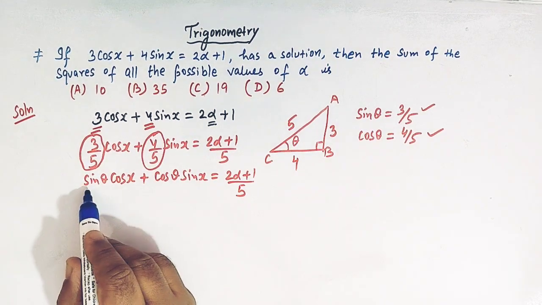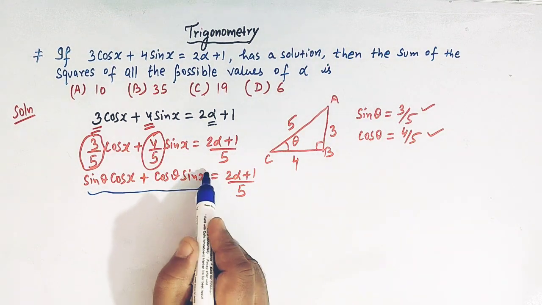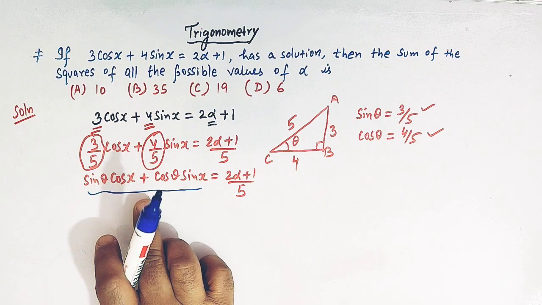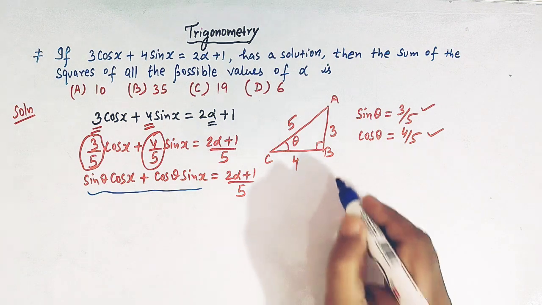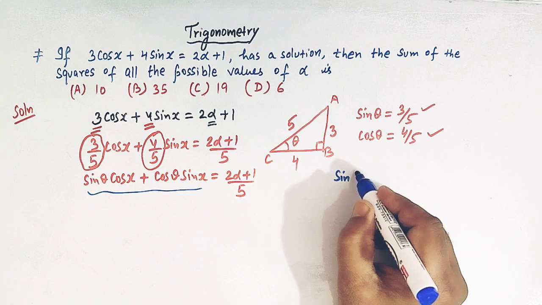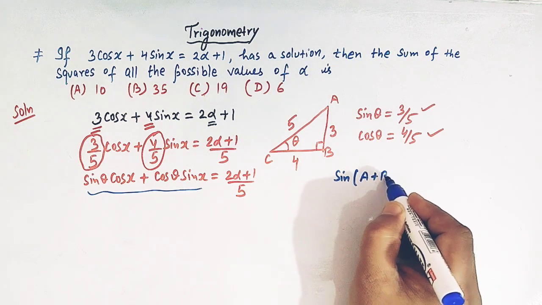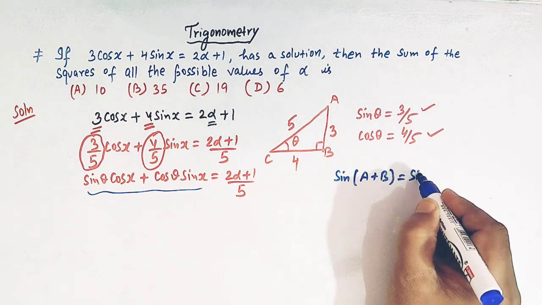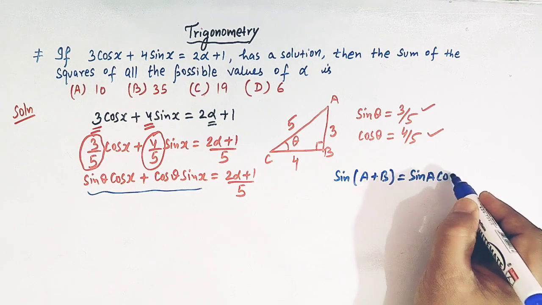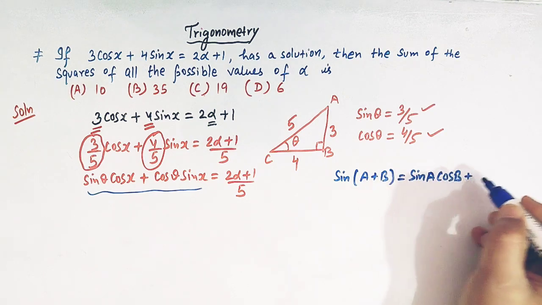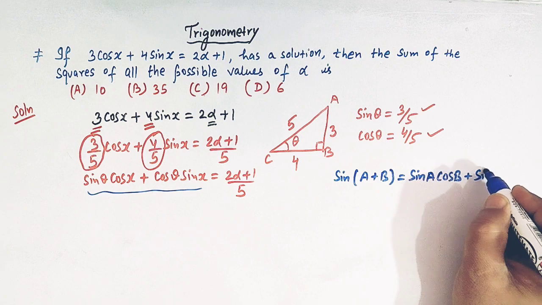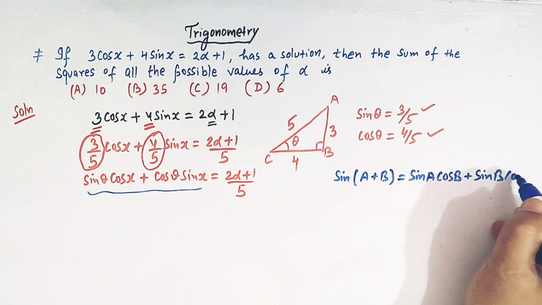Now if we look at this expression, then this is the well-known formula in trigonometry, that is sine of a plus b is given by sine a cos b plus sine b cos a.